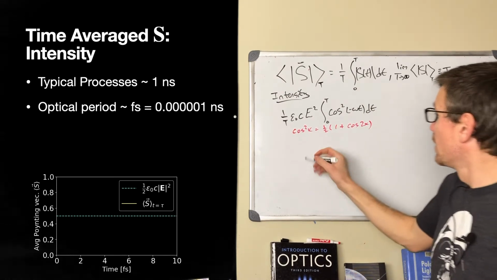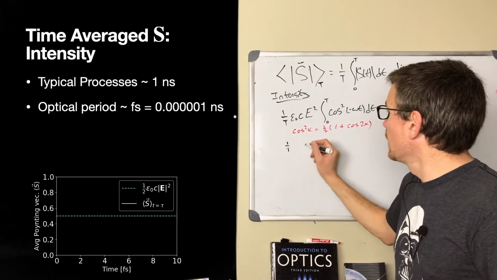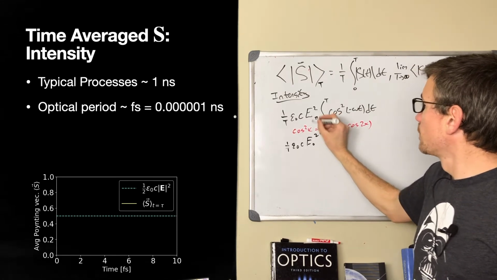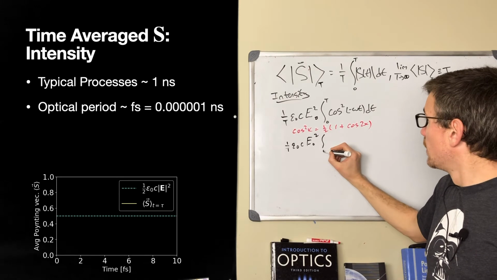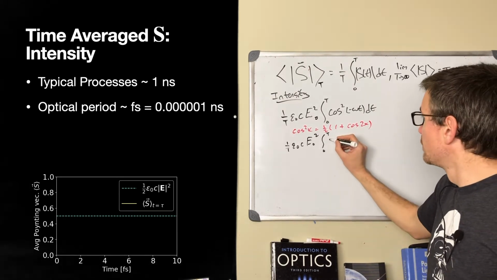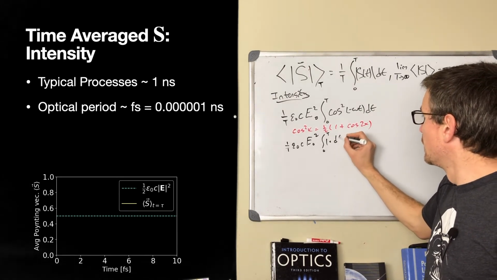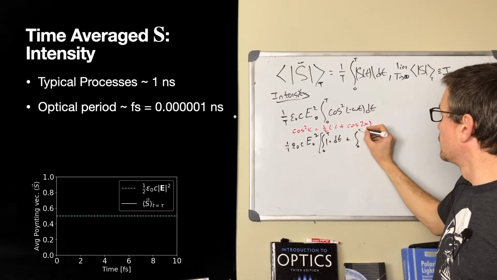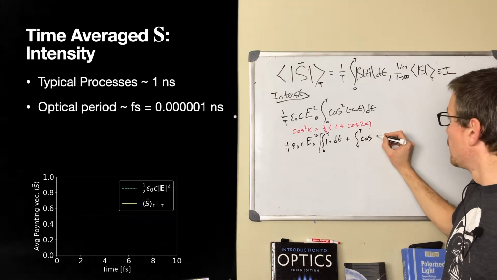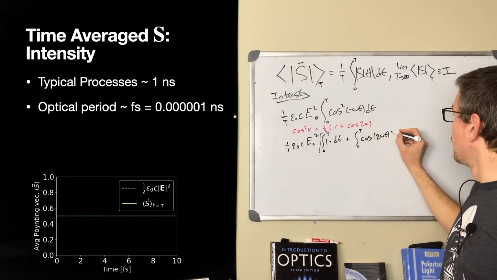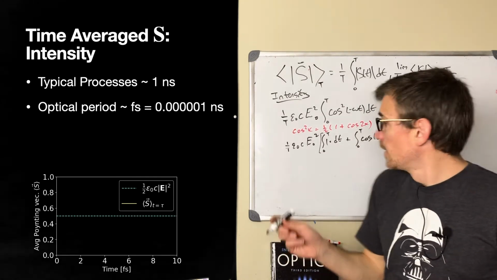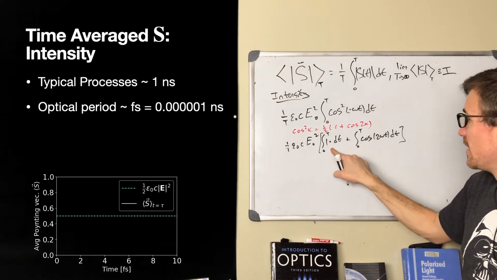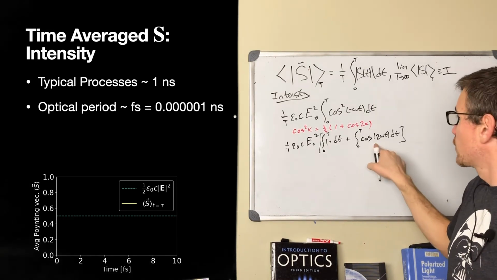So if we plug that in, we're going to get 1 over T times epsilon naught c E naught squared times the integral from 0 to T of 1 dt, plus the second term, which is going to be the integral from 0 to T of cosine 2 omega t dt. Okay? So that's my second term here. This gives me a T, and this term we have to calculate.